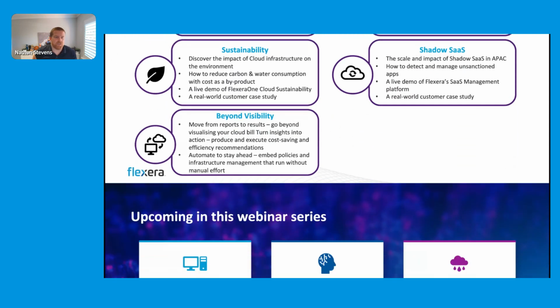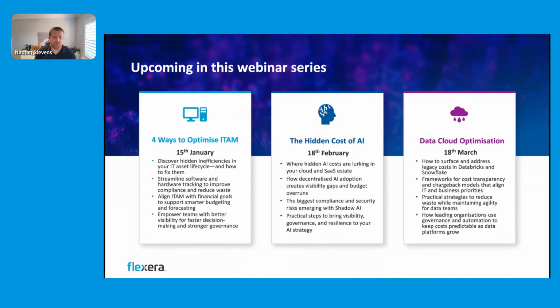Looking ahead to this year, we've got the first 3 of the year locked in. Today, the 15th of January, we're looking at the 4 ways to optimize ITAM. Next month, we have a session around AI, because AI is the hottest topic at the moment in the market. We're going to run a session called The Hidden Cost of AI, really looking at the governance and risks associated with AI across your cloud and SaaS estate.